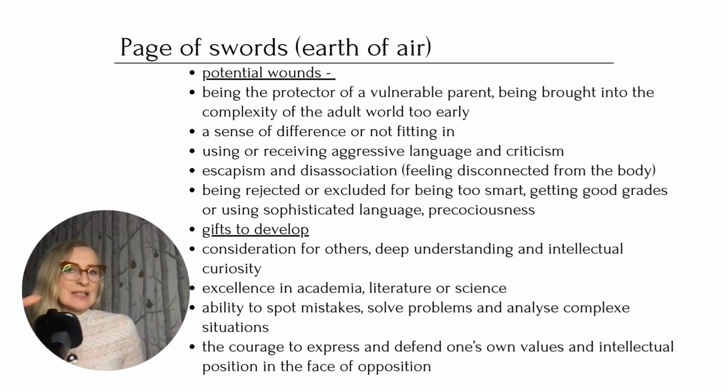So they could have quite a difficult early life. They were maybe put in a position of being the protector of a vulnerable parent, or having to try and be the confidant of a parent who told them things that were really above their intellectual level. So being just brought into the complexity of the adult world a bit too early.